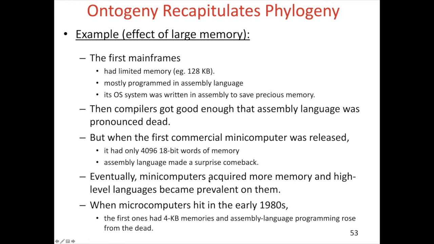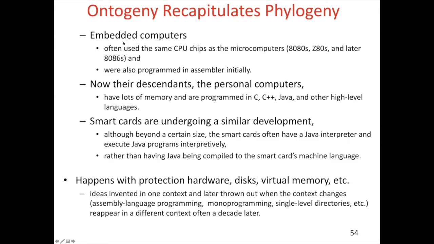Eventually, minicomputers acquired more memory and high-level languages became prevalent on them. When microcomputers hit in the early 1980s, the first one had 4 kilobytes of memory and assembly language programming rose from the dead. Embedded computers often use the same CPU chips as the microcomputers.